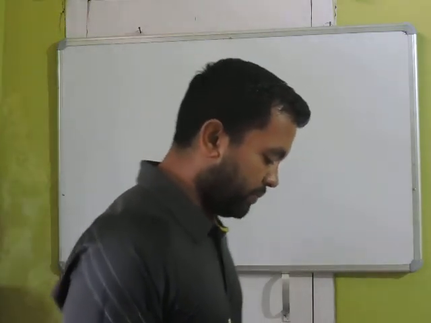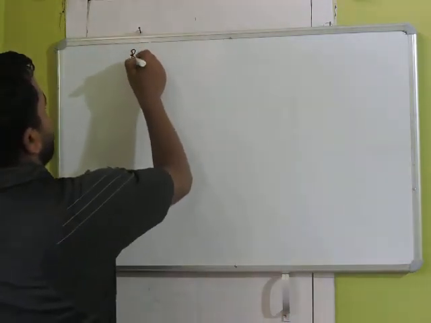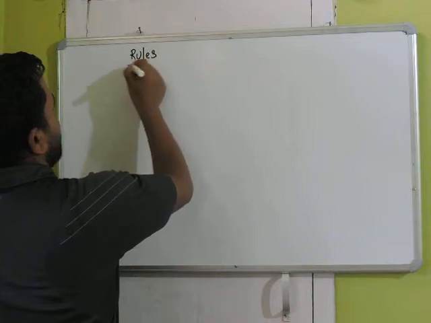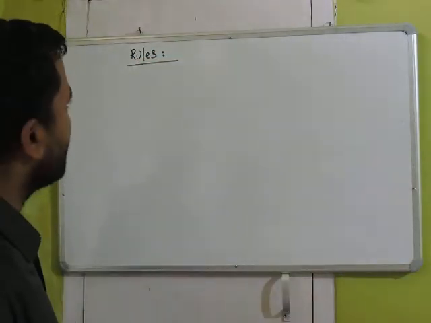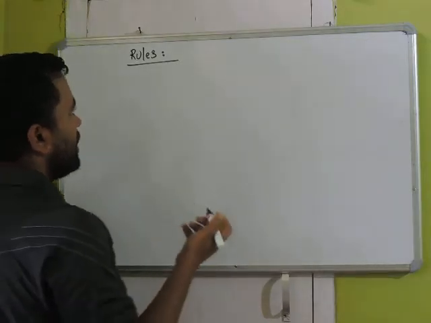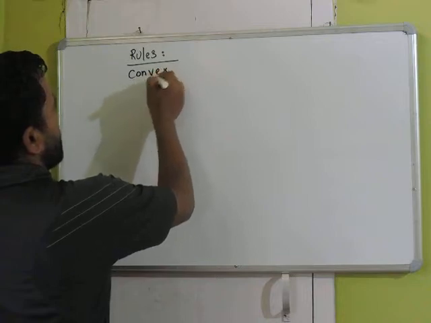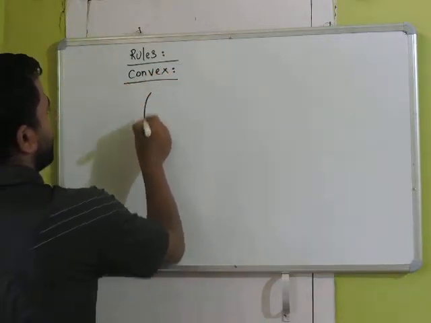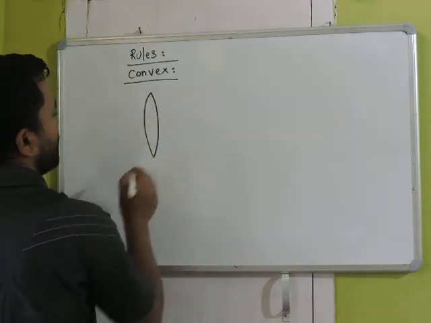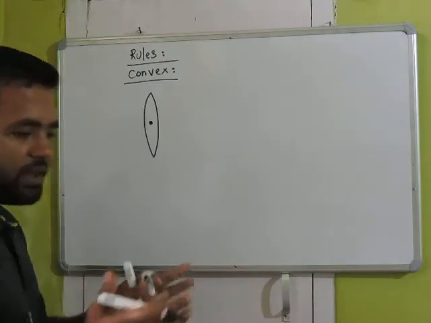Now there are certain rules for drawing ray diagrams. We'll look at them one by one. Let us first talk about convex. In the case of a convex lens, we consider a thin lens.